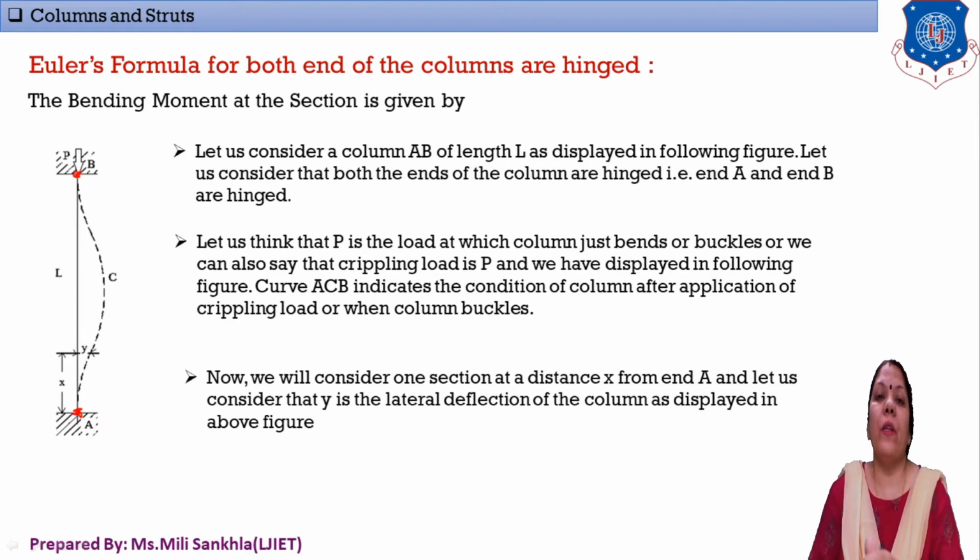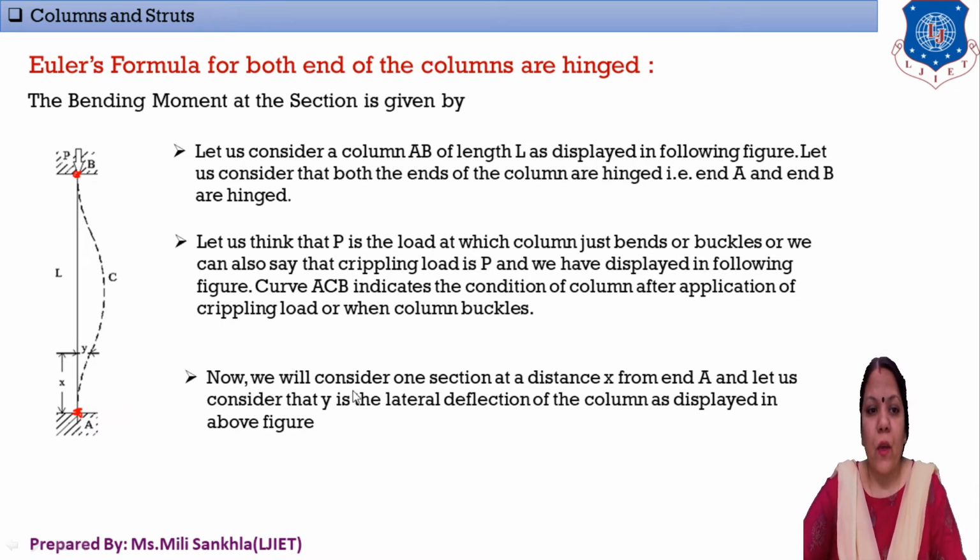Now we derive our first derivation of Euler's formula for a column with both ends hinged. This is the end condition for the column, and according to this end condition we derive Euler's formula. Here I take a figure. Both ends of the column are hinged. Sometimes the diagram of a hinge support is drawn like this way also, and sometimes it is plotted like this.